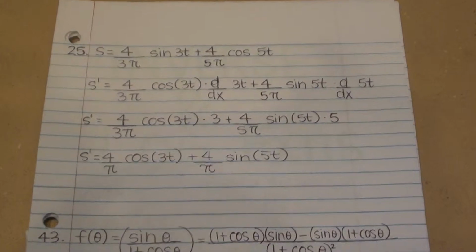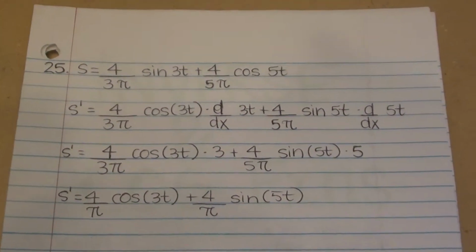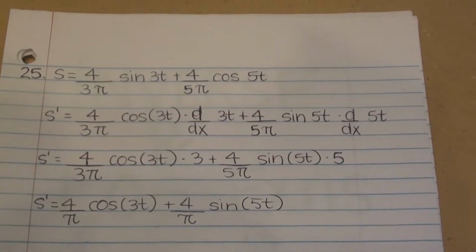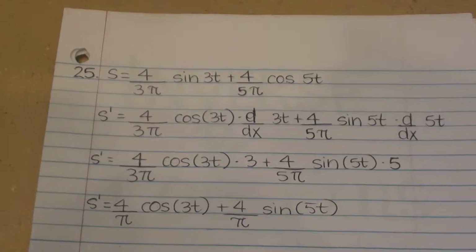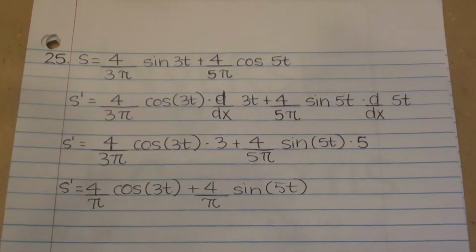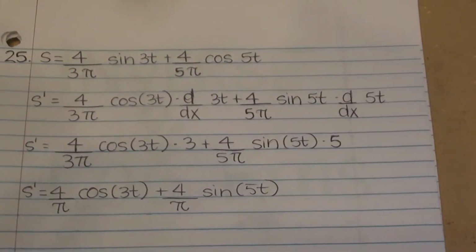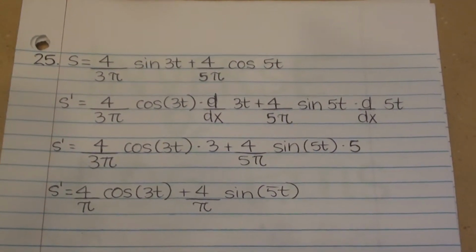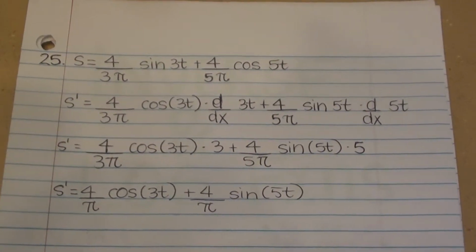Number 25 is s equals 4 over 3 pi times sine 3t plus 4 over 5 pi times cosine 5t. So you're going to prime your function. It's going to be s prime equals 4 over 3 pi times cosine 3t.